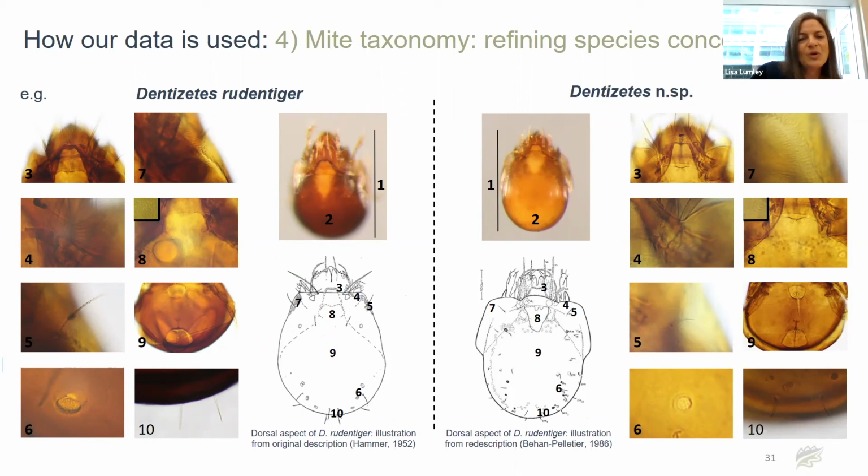And so what we found is that this is the species that was redescribed as Adenozides rudentiger. It's hard to tell because we don't have a holotype, but this is likely the original species. So we now need to redescribe both and give this one a new name. So kind of a fun story.